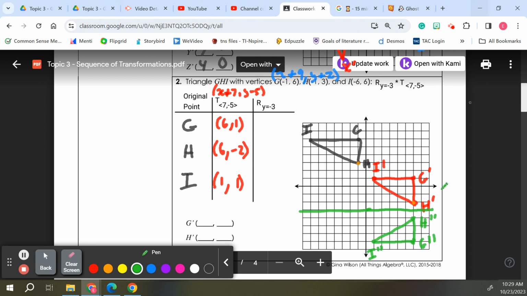So now the question is, what are these points? Let's see, it looks like 1, 2, 3, 4, 5, 6. Down 1, 2, 3, 4, 5, 6, 7. So 6, -7. For H, it's definitely on 6, but it's going down 1, 2, 3, 4.